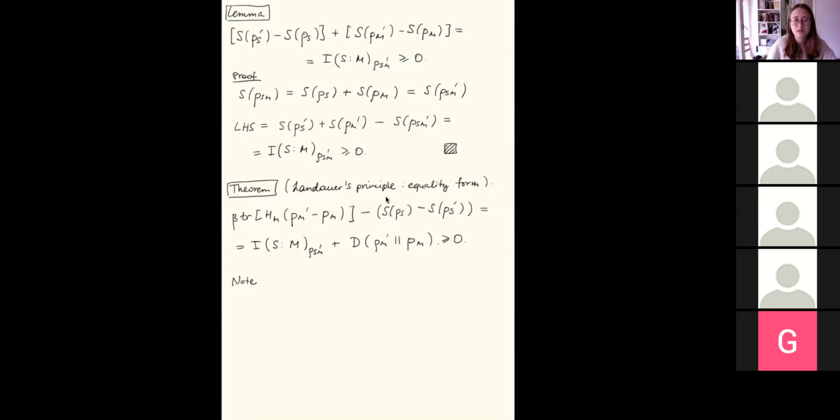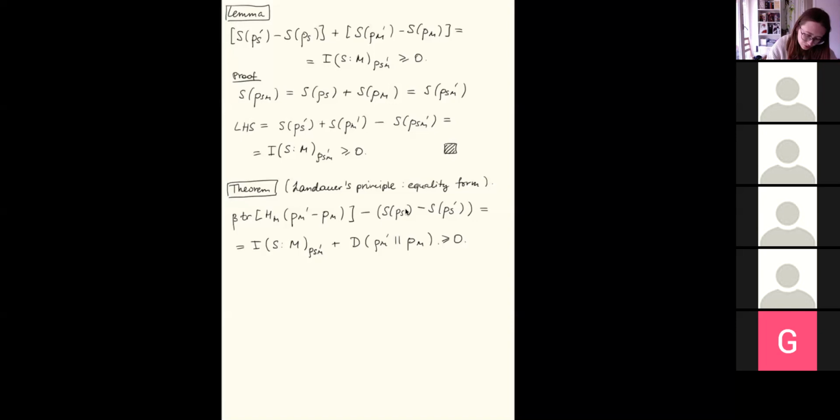Which essentially means that here on the left-hand side we have the change of the energy of the machine, and here we have the change of the entropy, and here we have the coefficient beta, which we can divide over and put into our entropy. And then, given the fact that the change of energy minus the change of entropy is greater or equal than 0, we get our initial inequality, Landauer's principle.